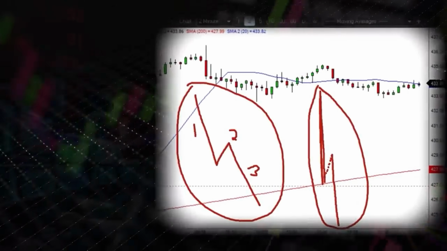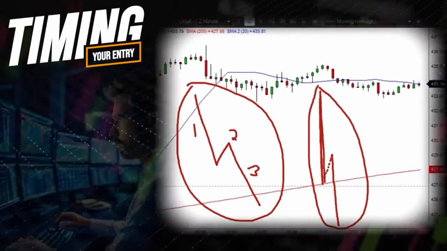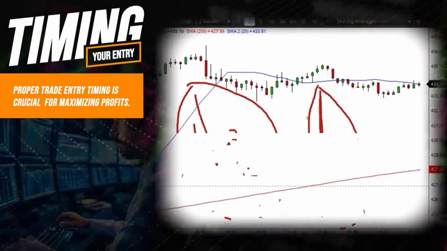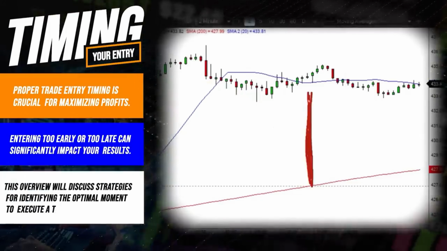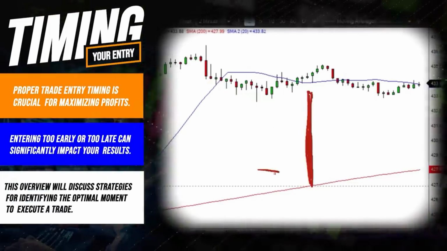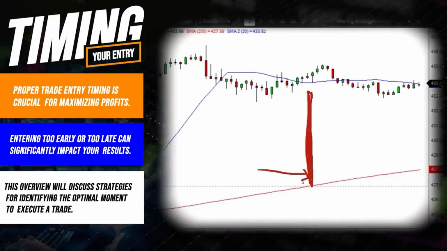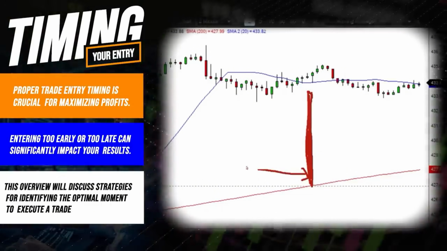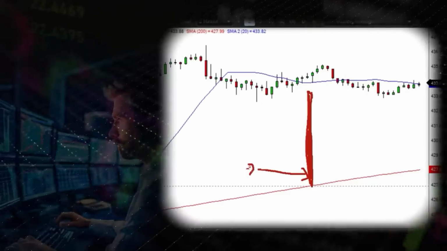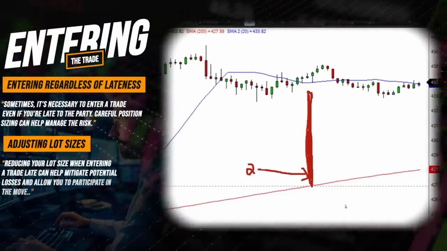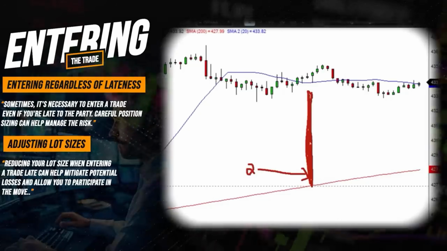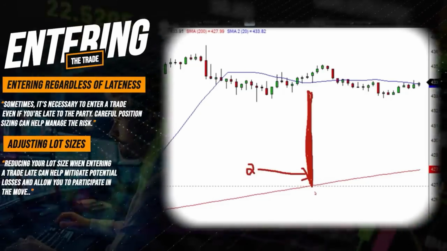The way I do this play when I see it is I'm trying to always get into the violent bar. I don't care how late I am. So I'm trying to get into this bar, but if it's late, I'll get into it lightly. So let's say I usually do 5 lots, I'm going to do 2 lots. But it doesn't matter how late, even if it's gotten all the way to support, I'm still going to get in, but I'm going to get in small.